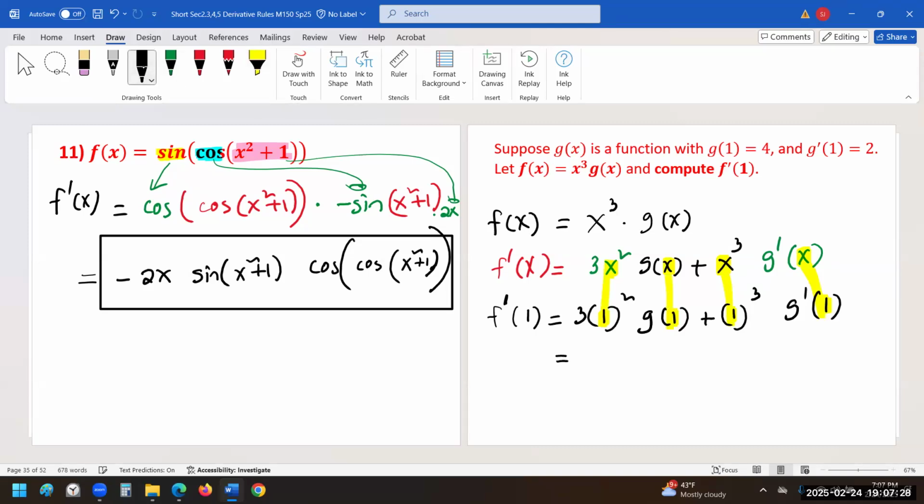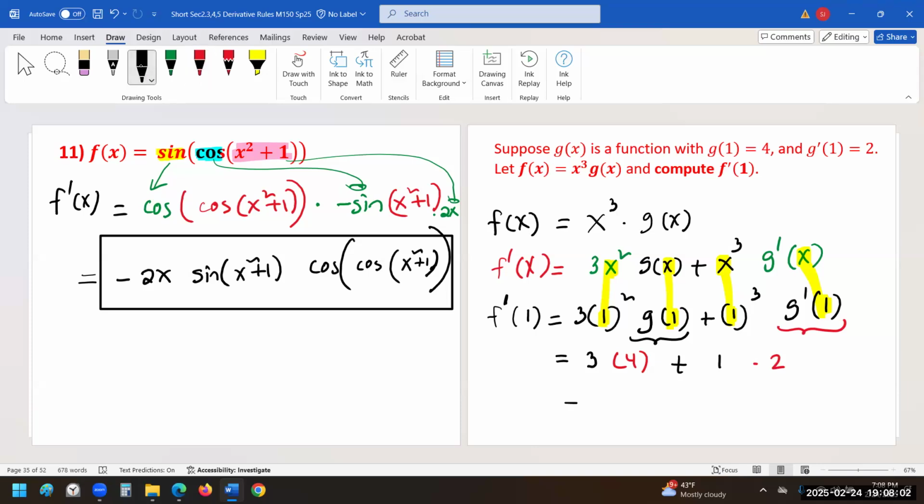And now, what is 3 times 1 squared? 3. Do we know what is g of 1? Did they tell us what is g of 1? How much is it? 4 plus, what is 1 cube? 1. And do we know what is g prime of 1? 2.